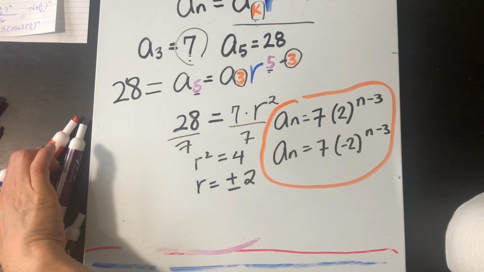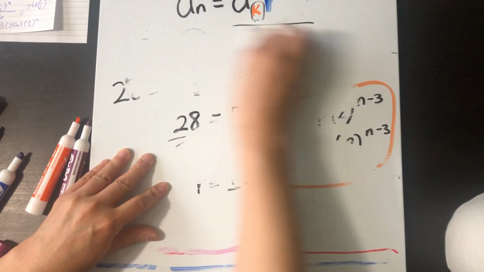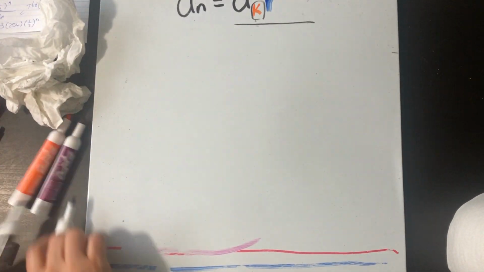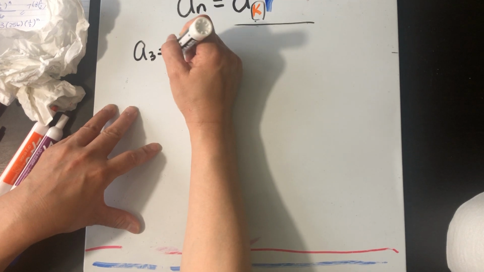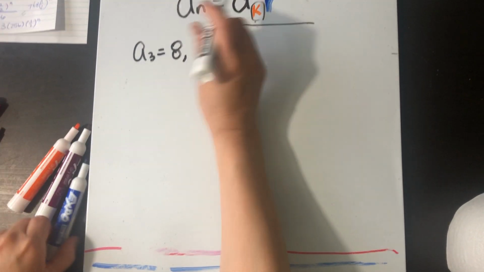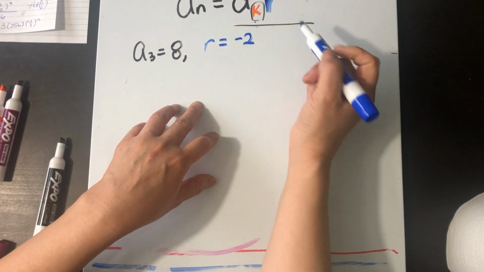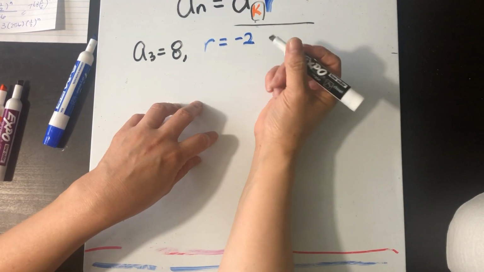Okay, let's do one more. In this case, you have A3 equals 8, and then r is negative 2. So we're going to use that. We're looking for an.